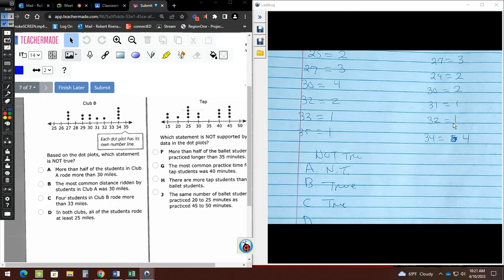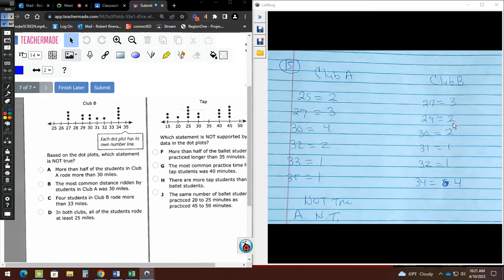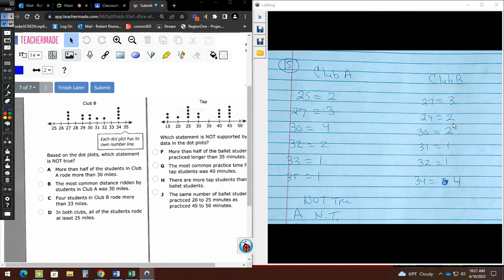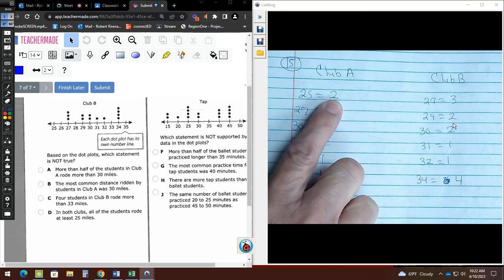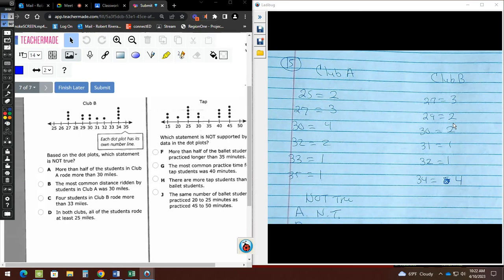D. In both clubs, all the students rode at least 25 miles. Let's start with Club A. Do we have that everybody rode at least 25 miles? Yes. Whenever you hear the words at least, it means 25 or more. If I tell you, you need at least a 70 to pass the year to 7th grade, what's your minimum grade?